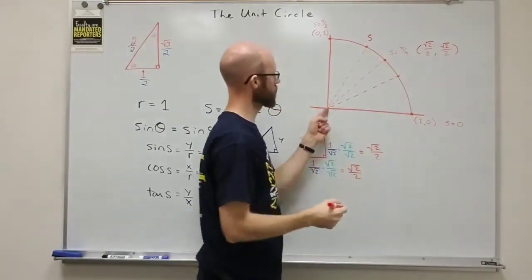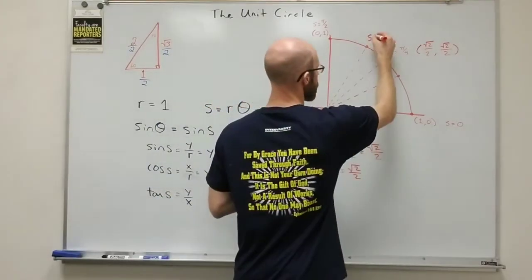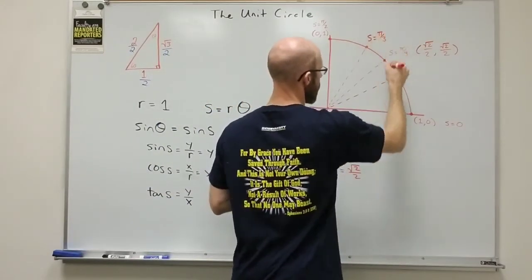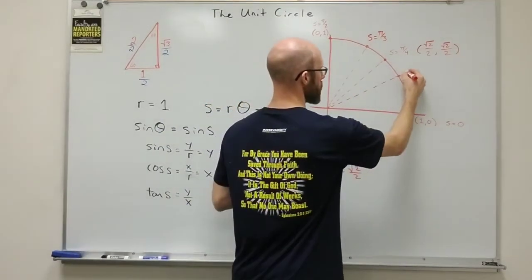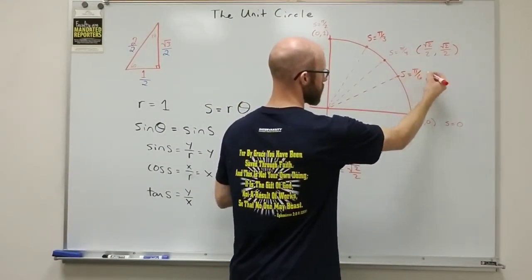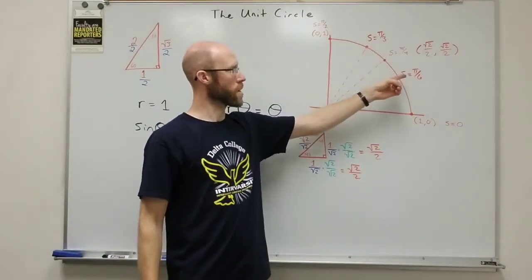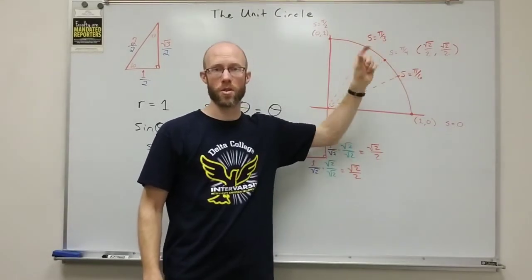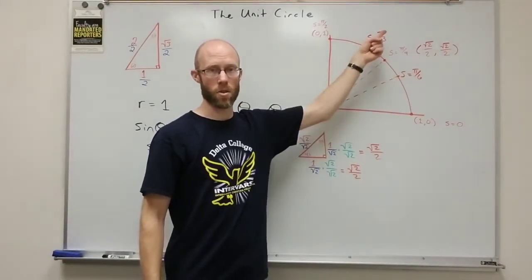Now remember, a 60-degree angle is pi over 3 radians. And remember, a 30-degree angle is pi over 6 radians. So remember that relationship. That is going to become very important. Pi over 6 and pi over 3, the 6 and the 3 switch. Remember, 30 degrees has the 6, and the 60 degrees has the 3.